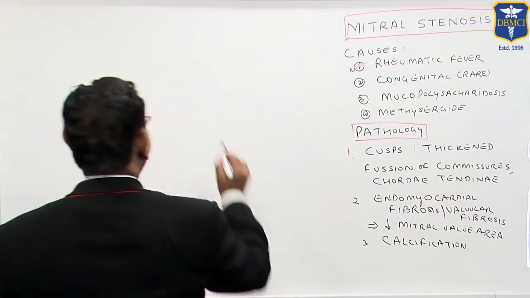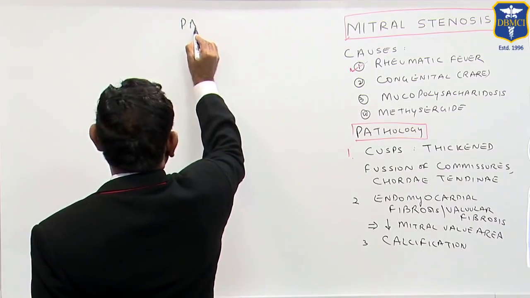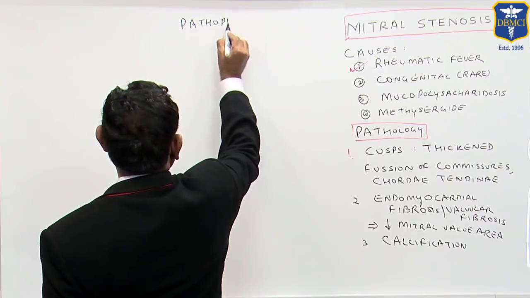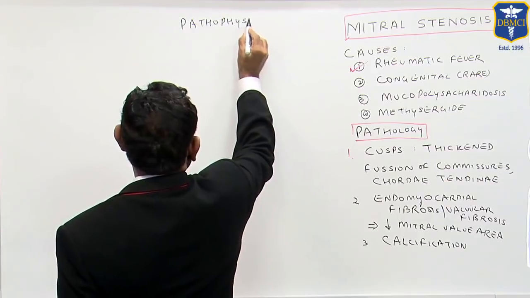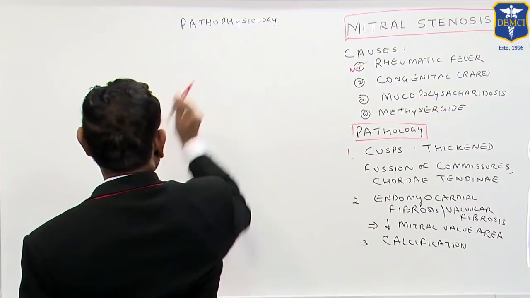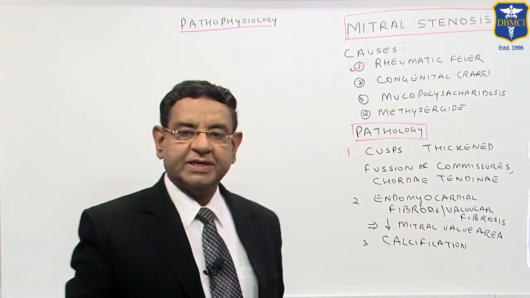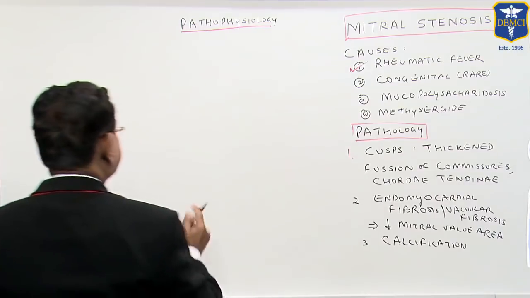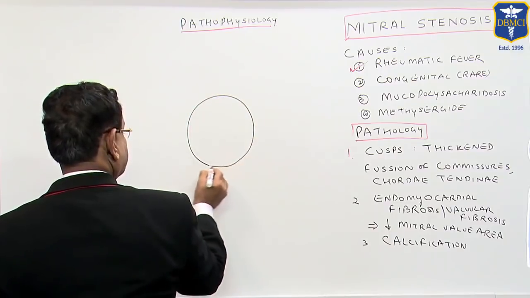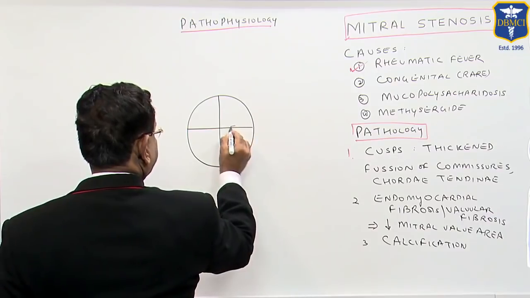Now let's see the pathophysiology. Let's learn the basic concept. Here is the heart. This is the mitral valve.